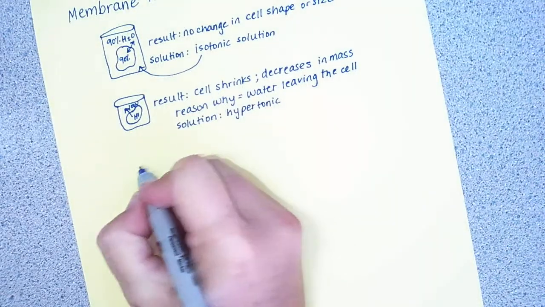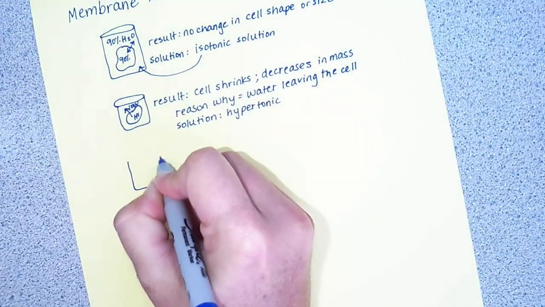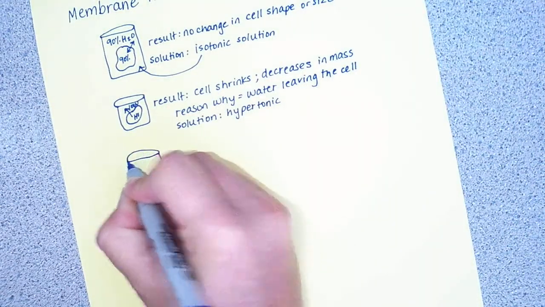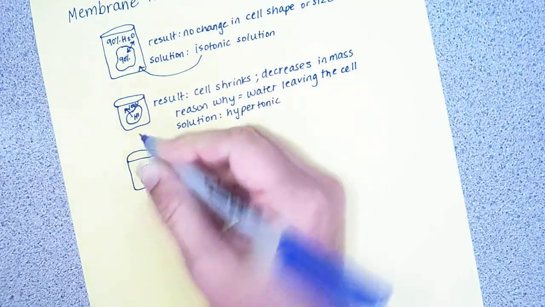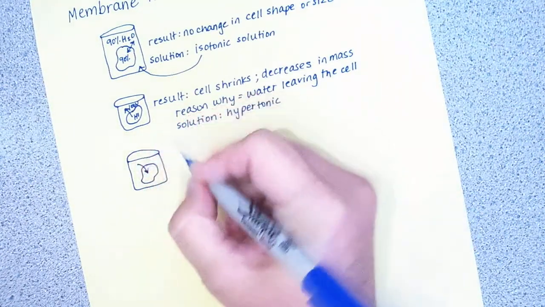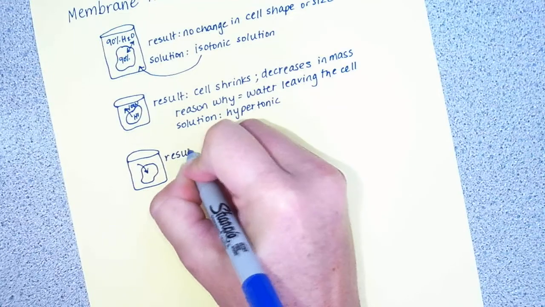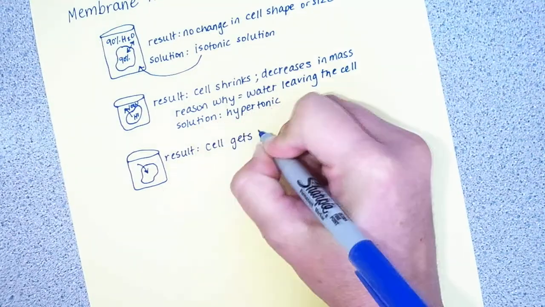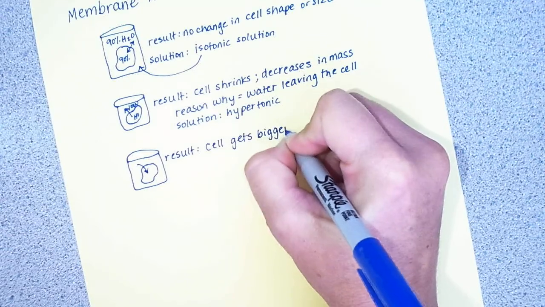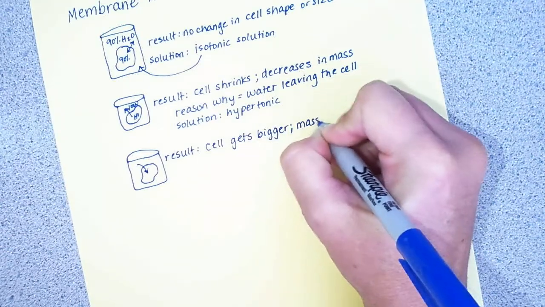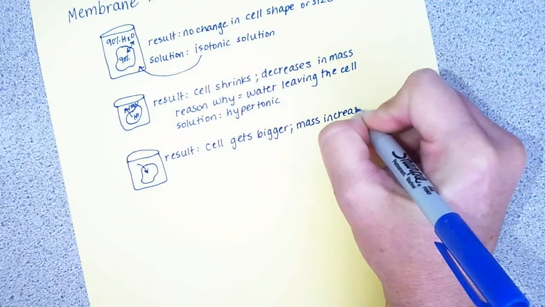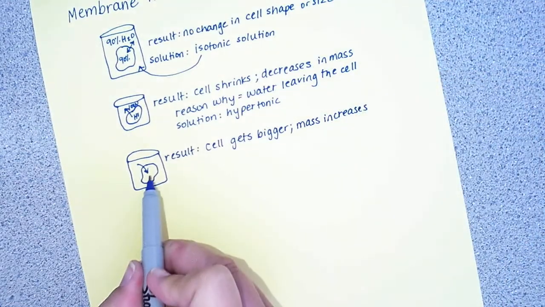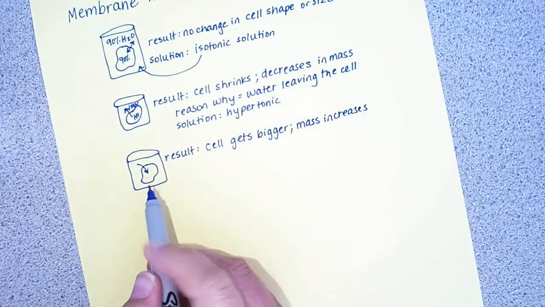And then the third situation that we might actually see is in a particular container, we have a cell, and now let's say, as a result of sitting in that solution for a while, the cell gets bigger. Maybe we notice that its mass increases. Well, the reason why the mass would be increasing is because water is going into the cell.